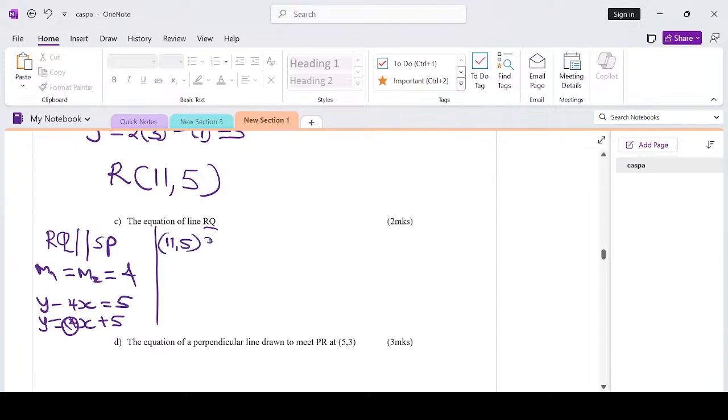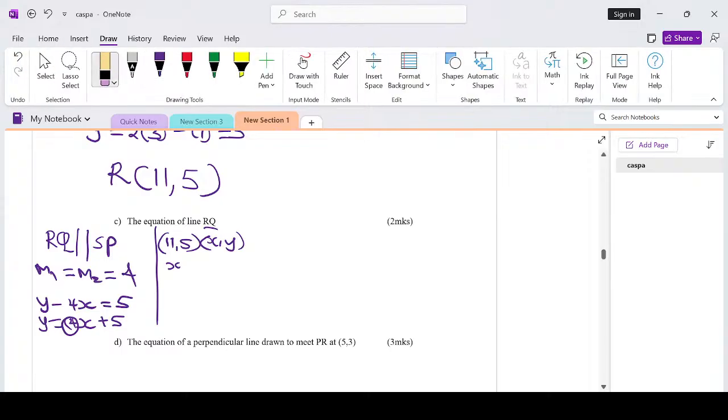I have to introduce another point, call it x, y. How do you get gradient? Change in y over change in x. So y minus 5 over x minus 11 should be equal to the gradient, which is 4.